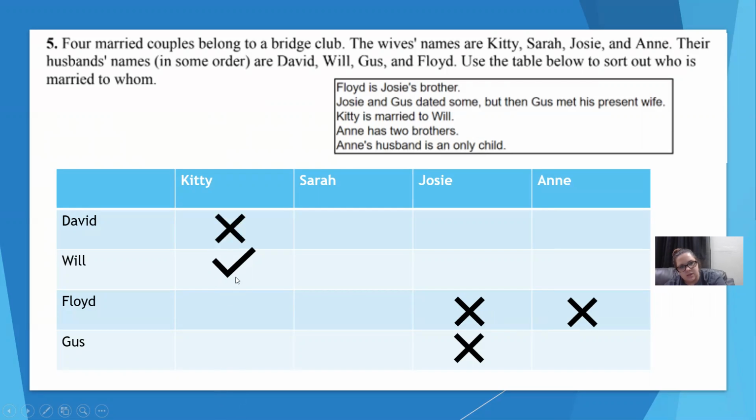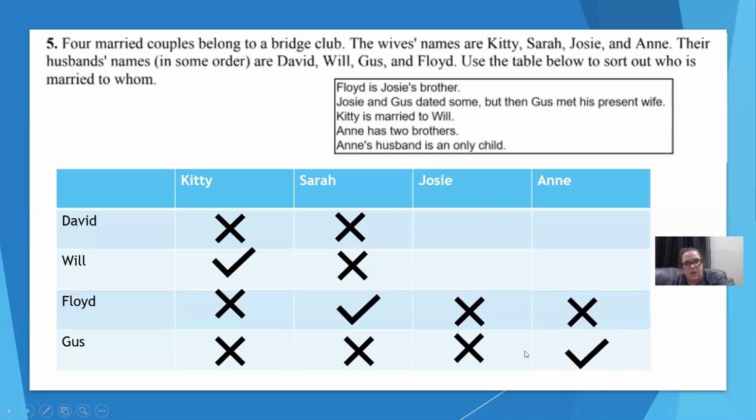So then, since Kitty's married to Will, we know she's not married to David or Floyd or Gus. And then we know that the only one left for Floyd was Sarah. So Sarah and Floyd are married.